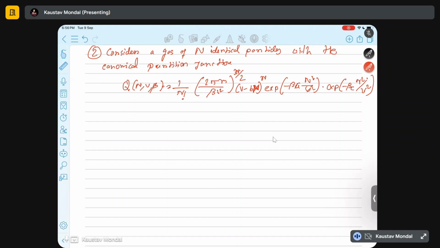Now the question is, a, b, c are constants. Derive the equation of state.